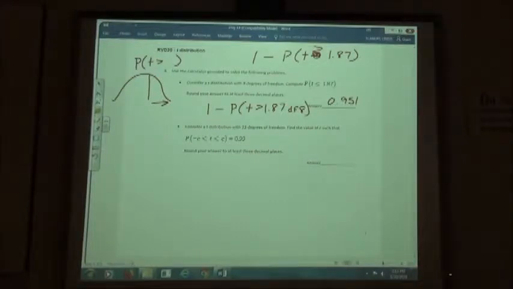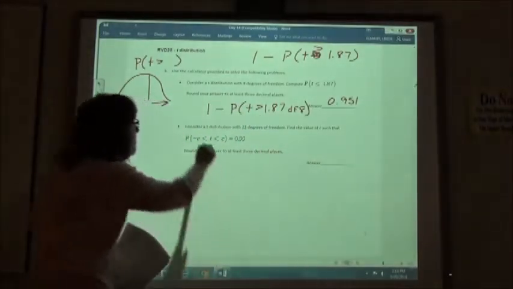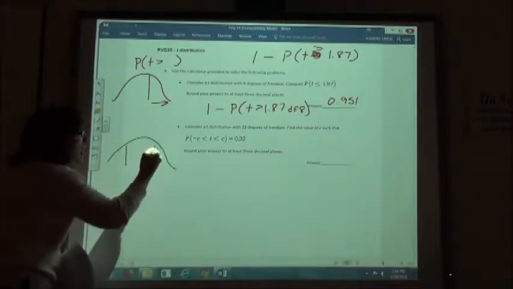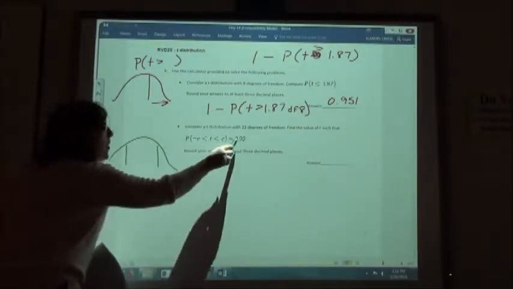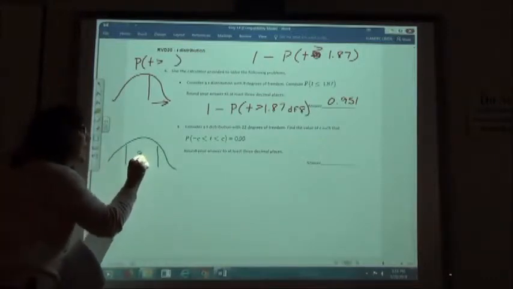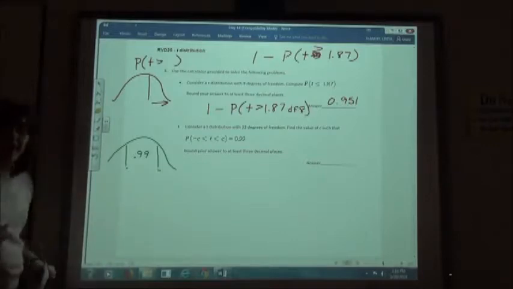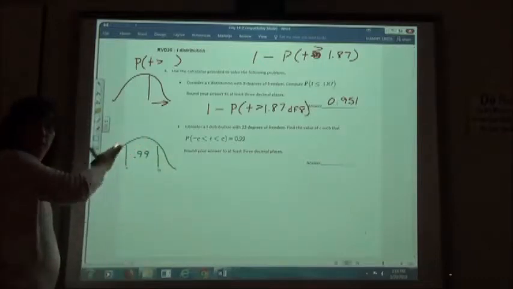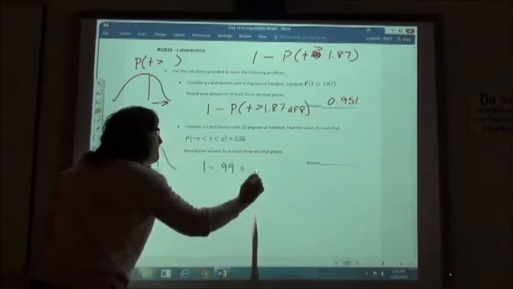All right. The next one, we are going to find the value in the middle of 2 numbers. So we have our curve, and we have 2 values here and here. We know that the part in the middle is 0.99, and we need to find out what these values here and here are. First thing we're going to do, because we know the whole curve is 1, is 1 minus 0.99.